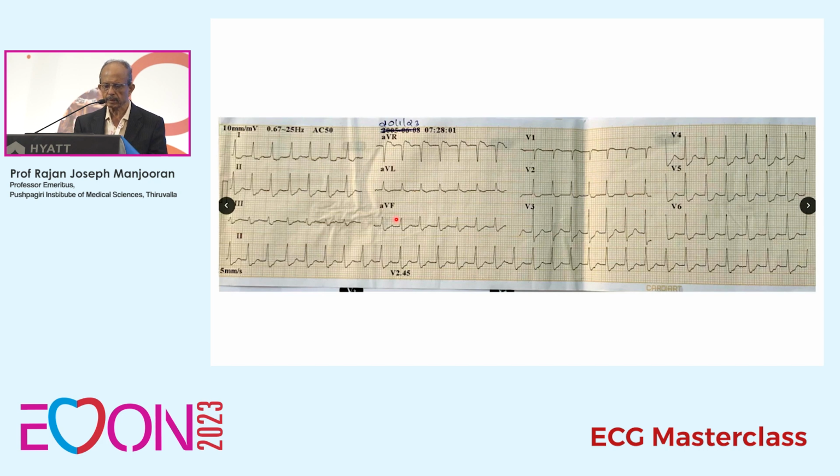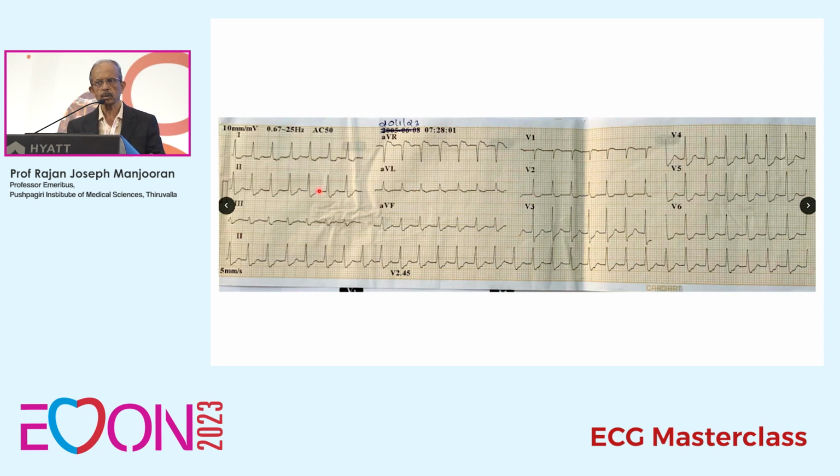Now let's look at the second one. What is this? Here also is a narrow QRS complex. The rate is around 160, 170. But here you can see the P waves. If you are very careful, you can see the P waves here. A small notch is seen. Can you see a notch here? My pointer indicates the notch. In lead 2, you can see a notch here.